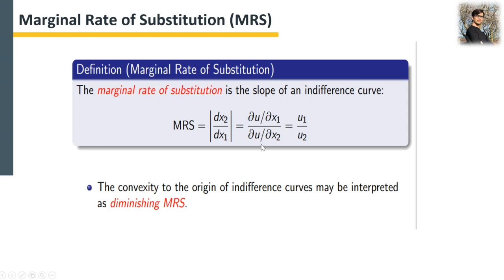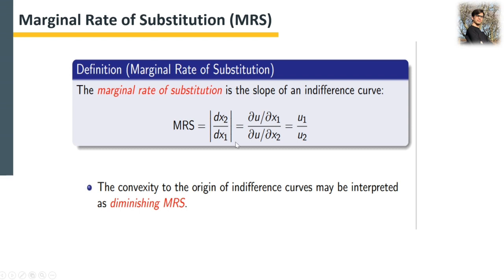In terms of mathematical formula, the marginal rate of substitution of x1 for x2 is equal to dx2 over dx1. It means a small change in x1, then what will happen to x2? When we bring a small change in x1, how much will x2 change?